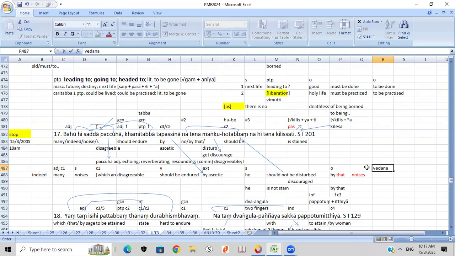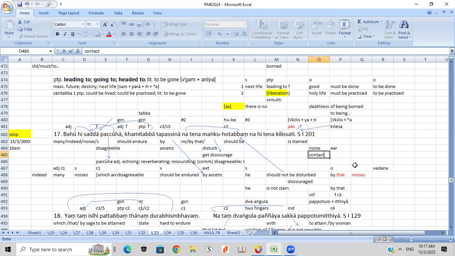Okay, so that means ear. This is talking about the ear. The external object is noise, right? After the ear, then the noise. So these two are called contact.